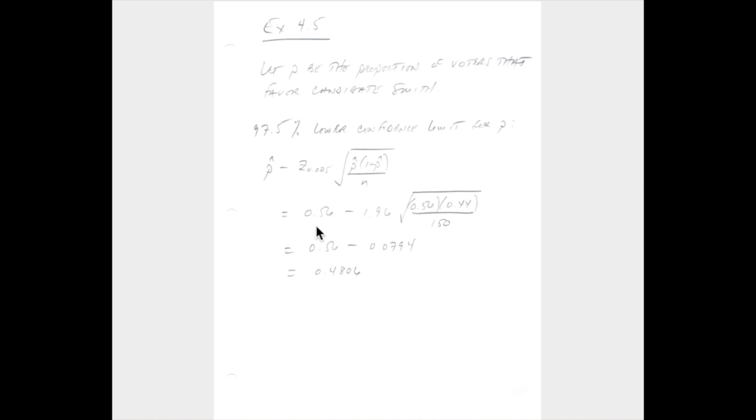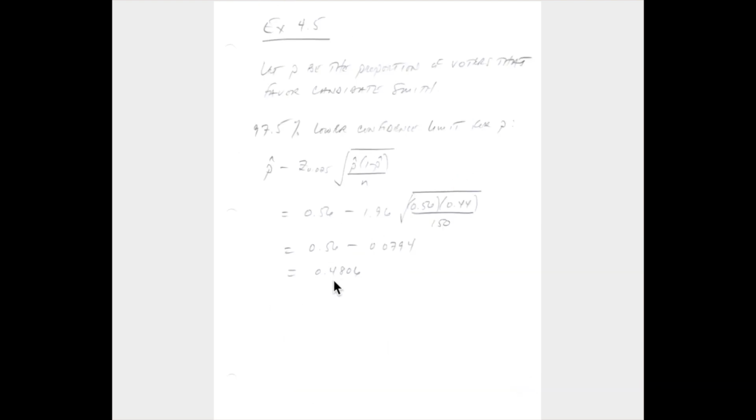P hat is 0.56, 1 minus p hat is 0.44, and the sample size is 150, don't forget that. Our interval coefficient, z sub 0.025, which is the upper 2.5 percentage point of the standard normal distribution, is 1.96. And so we get a 97.5% lower confidence limit for p equal to 0.4806.